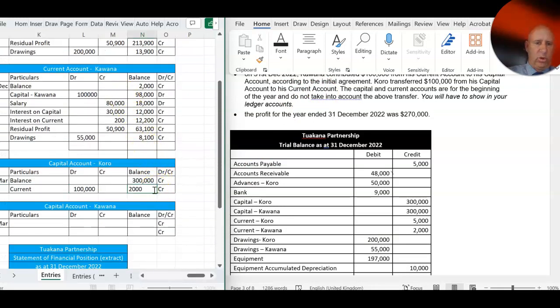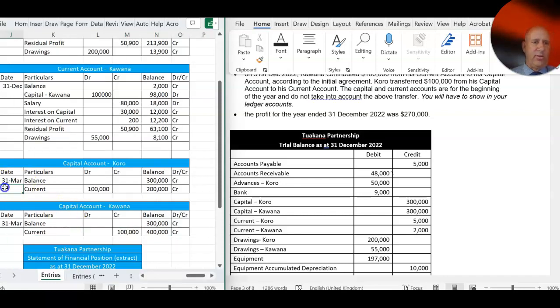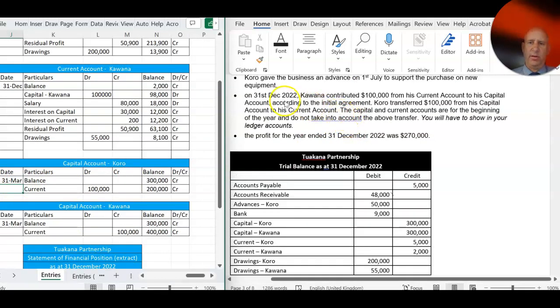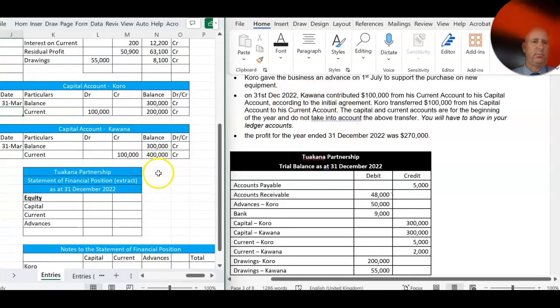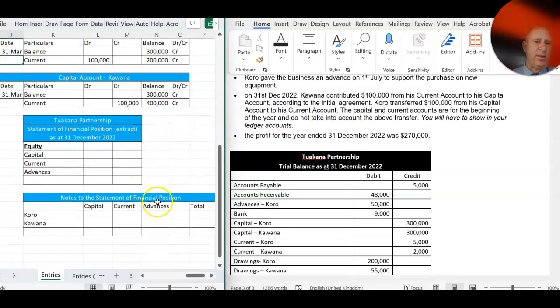So that'll take Koro's capital down to 200,000, and Kawana's opposite was 300,000. And transferred it in. Just make sure you get the date right. 31st of March, that's when the transfer happened. There, done. Great. And then the last part is the statement of financial position note.